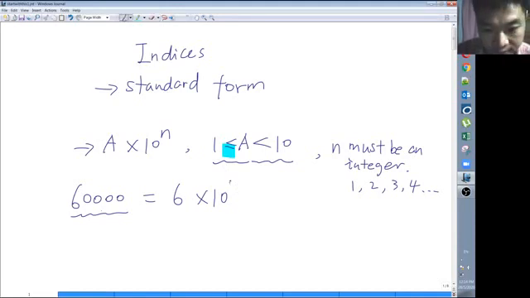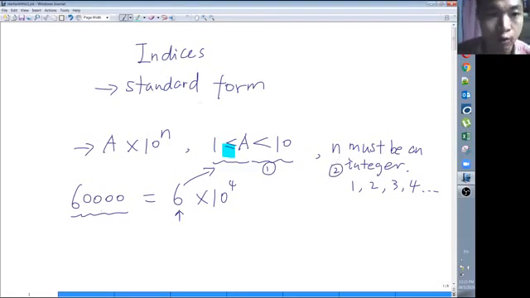So the question you ask yourself is, is this 6 bigger than 1 and smaller than 10? Does it meet this requirement? This is your requirement 1, and this is your requirement 2, in order to express your number in the form.